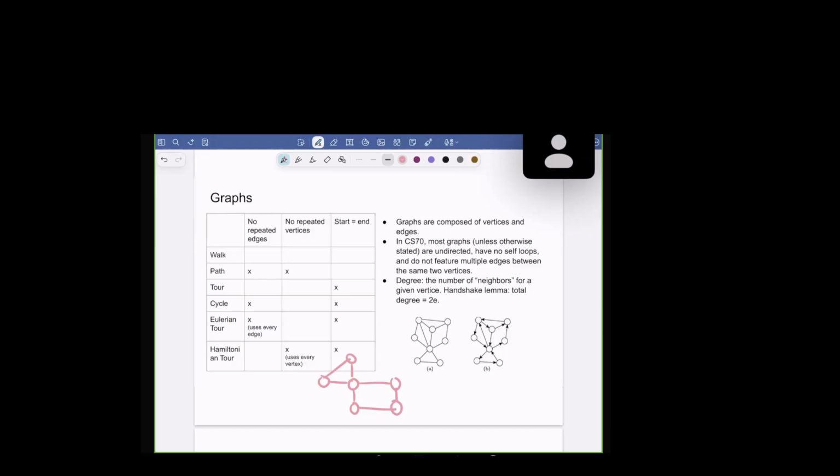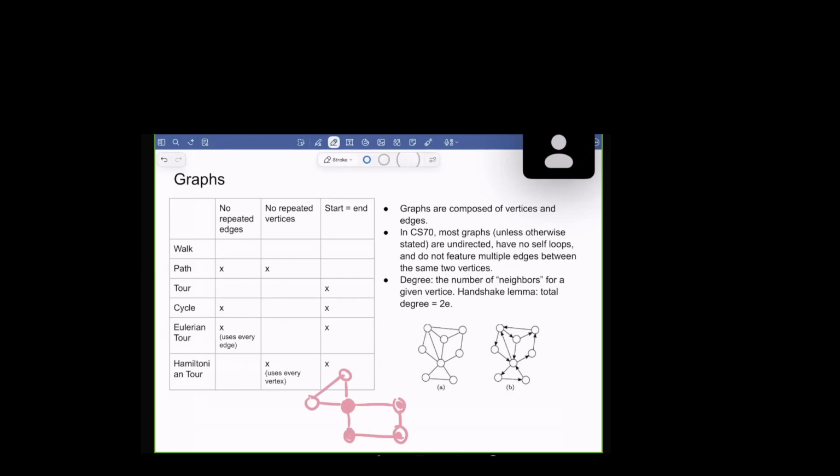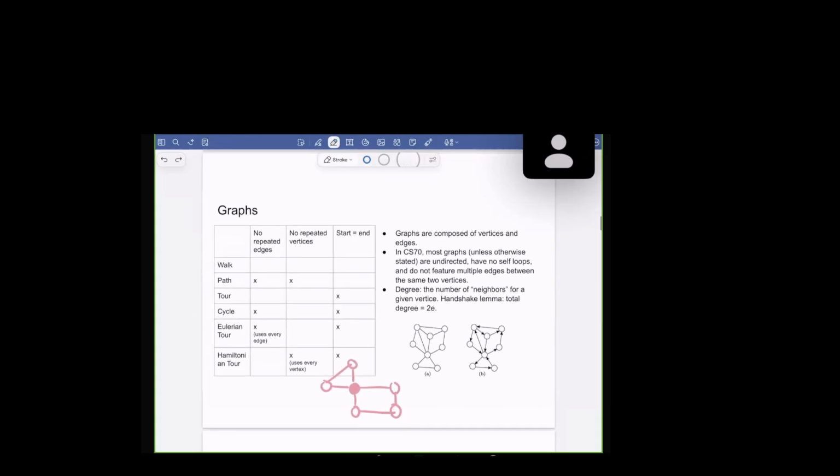So for this, if we wanted to run an Eulerian tour, we would start from this one, and then go here, go here, go here. Oh shoot, sorry. Started from the wrong vertex. Let's say we start from this one. 1, 2, 3, 4, 5, 6, and then you return back here.